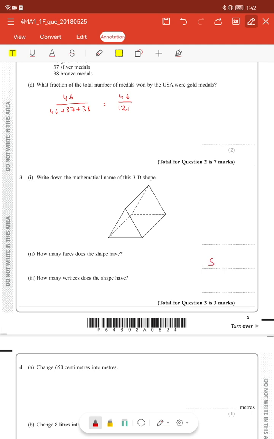And how many vertices does it have? Sorry, the vertices would be the corners. 1, 2, 3, 4, 5, 6.